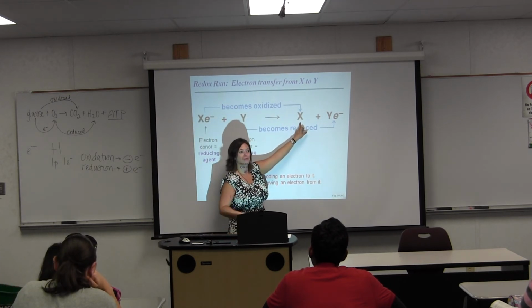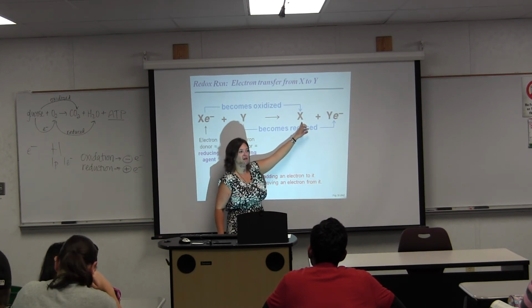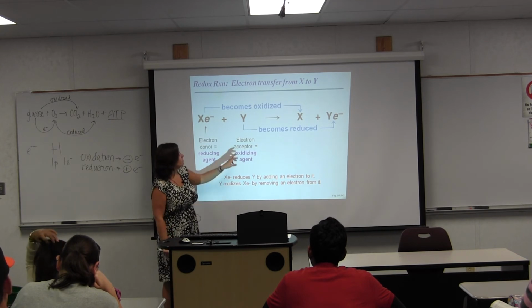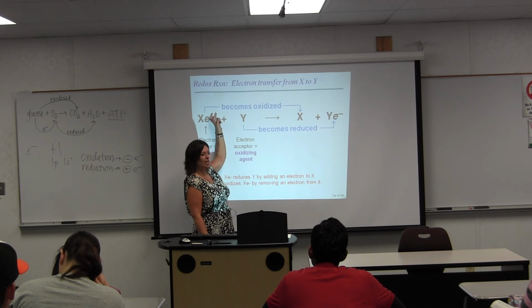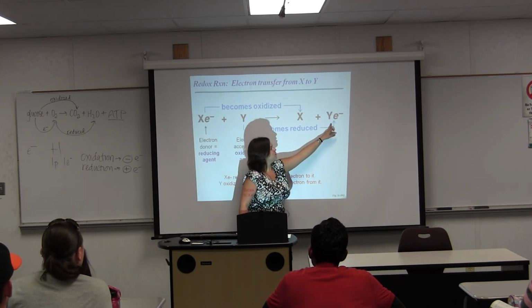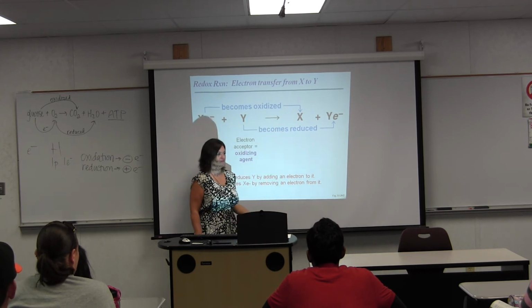So once you get rid of that extra electron, you have the oxidized version. Whereas the reduction, again, if you're gaining an electron, so if Y is accepting that electron from X, then we say that Y is being reduced, because you're adding electrons to it.